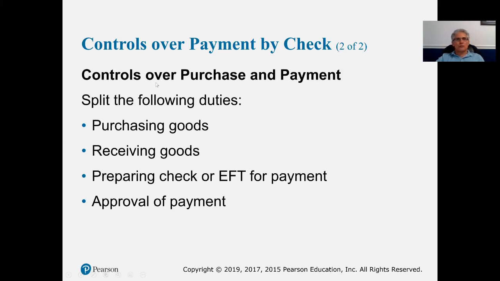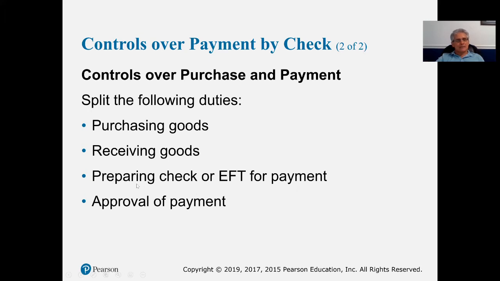Now, as an example of controls used for purchase and payment, we will often split up the following duties. The purchasing of goods: a purchasing agent or manager actually purchases the goods. The receipt of goods is done by somebody else, in the shipping and receiving department. So purchasing is one individual, receiving is another.